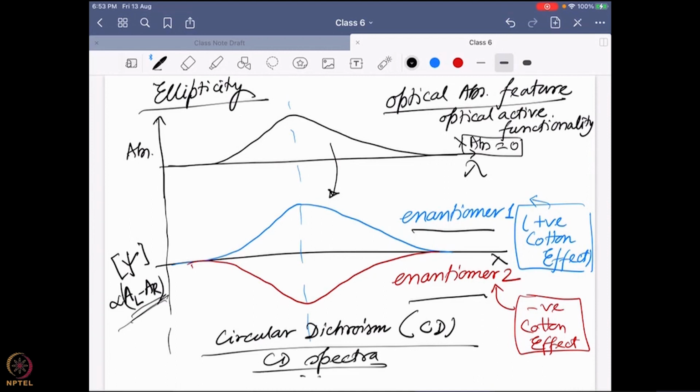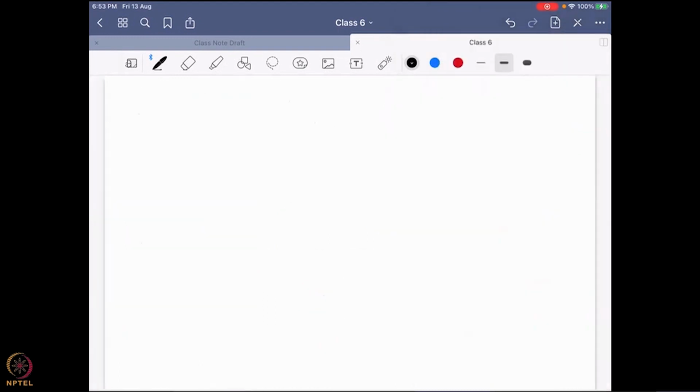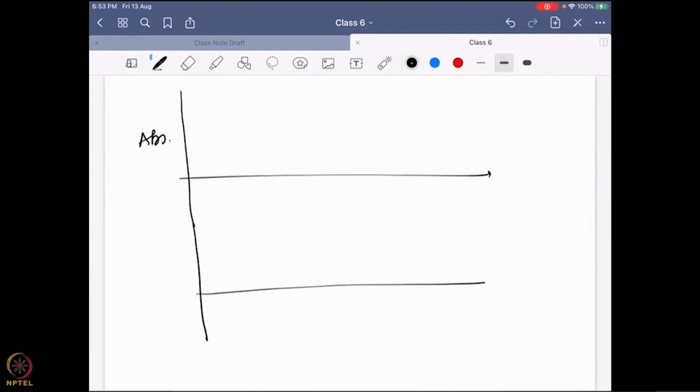Now over here, it is quite possible that in a molecule I am looking into, and it is always better to show optical spectroscopy and CD data on top of each other to have a better idea.